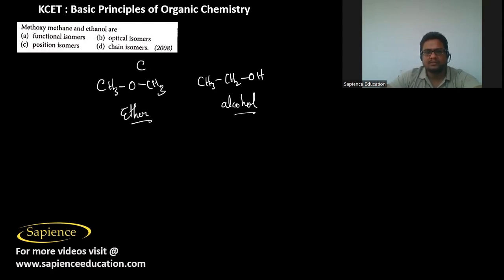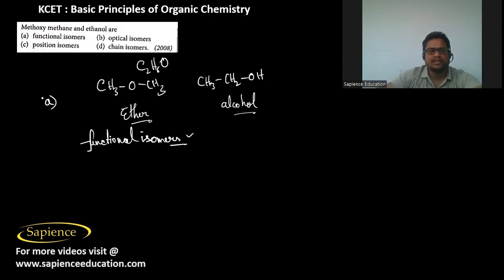Both methoxymethane and ethanol have the same molecular formula, which is C2H6O, but their structural formula is not the same, and their functional group is not the same. So they are functional isomers. So option A is the correct answer.